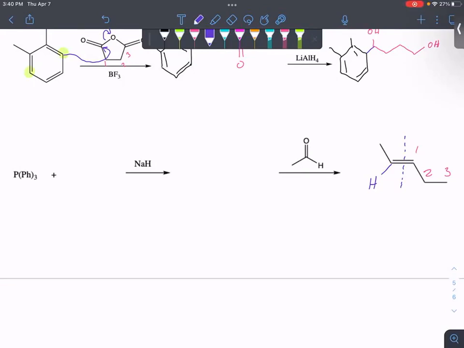For the ylide, I take the half we chopped off and put a PPh3 on the side of this alkene. So cut off this R group, replace it with the PPh3. That's your ylide you use to make the alkene. And then we have our propane.